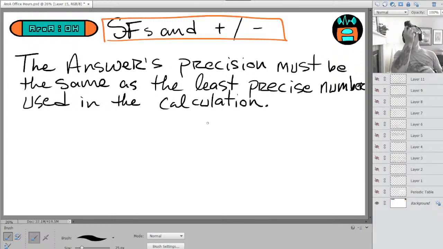All right. So our answer's precision must be the same as the least precise number used in the calculation.